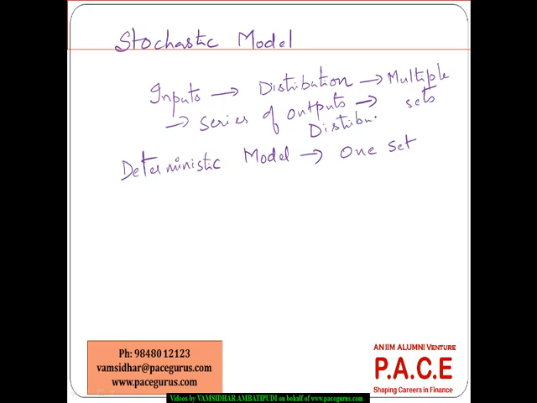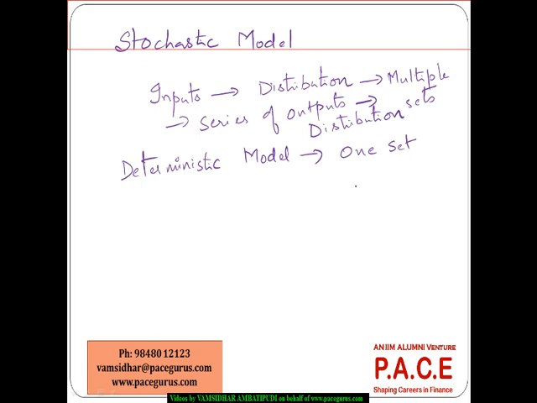I'm not looking at one single value, I'm looking at the distribution of the outputs. So the input could follow one kind of distribution, the outputs can follow another, but at the end I am primarily looking not at just one input but a series of inputs and seeing how the series of outputs gets generated.